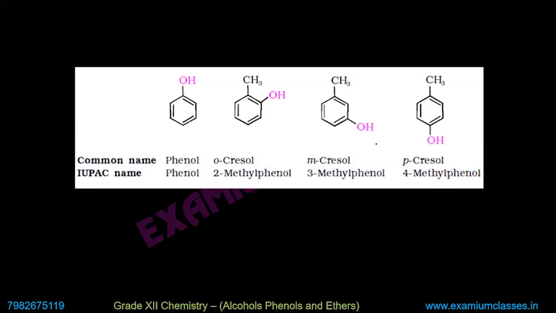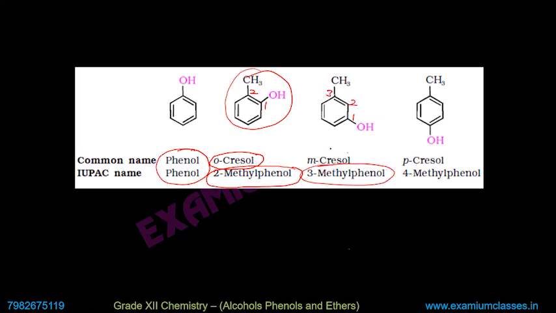Now these ones. The common name here is phenol, the IUPAC name is also phenol, because this is a benzene ring. 2-methylphenol, because if OH is one, this will be two. The common name is orthocresol. If CH3 is at the meta position, it is 3-methylphenol, or metacresol.